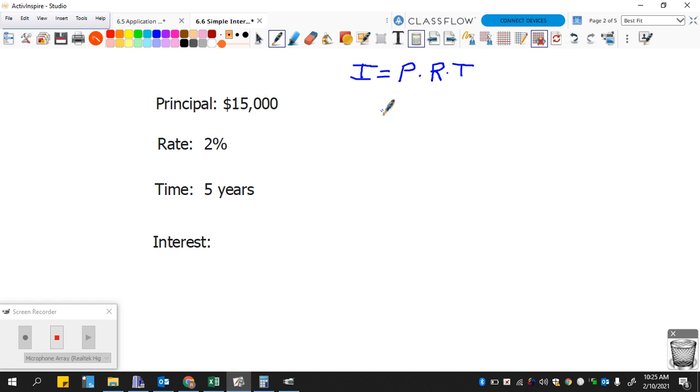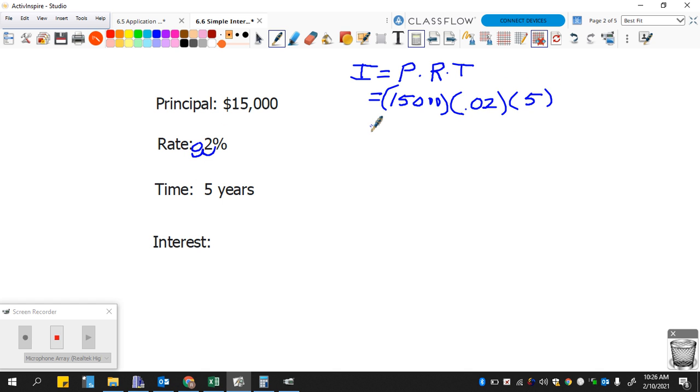Okay, so when we do that, principal is 15,000, times the rate, which is 2%, or I'm going to change that to a decimal right away, 0.02, times the time, which is 5 years.